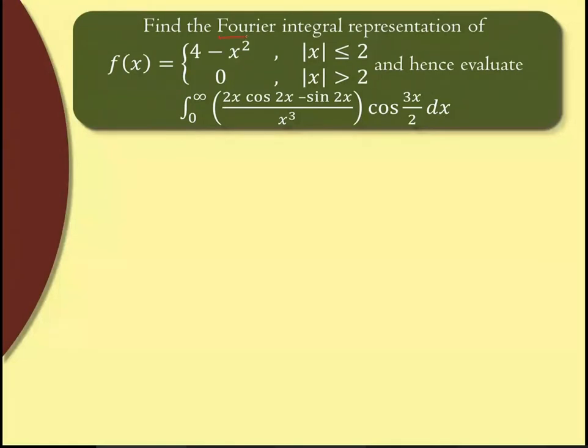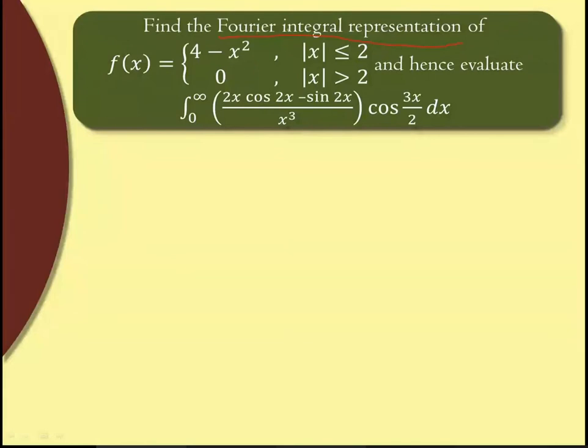what is a Fourier integral representation. Now we have different types of Fourier integral representation: Fourier cosine integral representation, Fourier sine integral representation, or general Fourier integral representation. Here it is not mentioned which one.